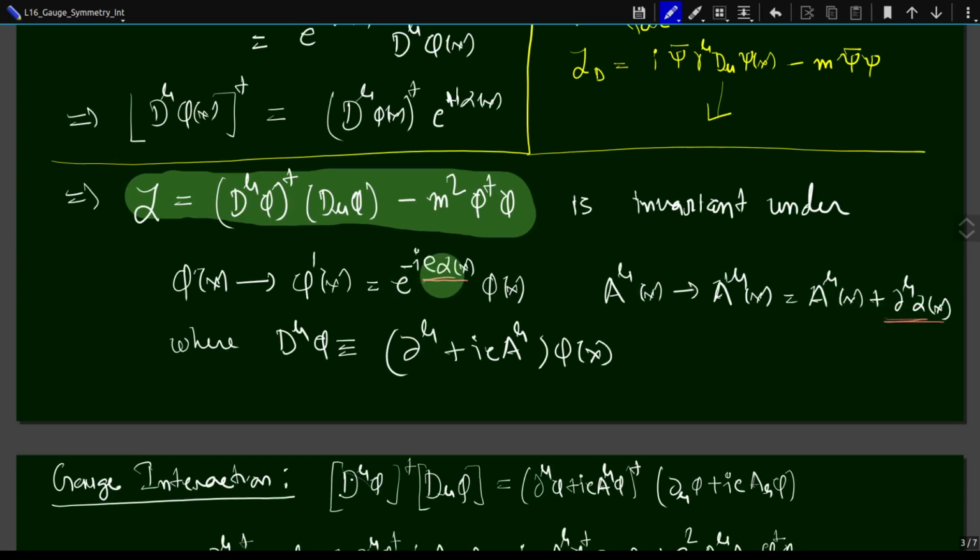And e is a property of the field φ. So if it is a charged field with charge e, then it transforms in this manner and couples in this manner, where D_μ φ is defined like this, because the appearance of e is a property not of the gauge field but of the φ field.